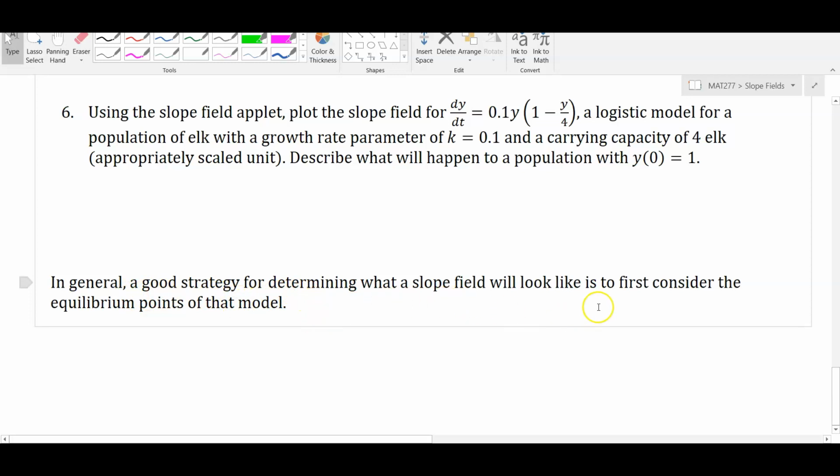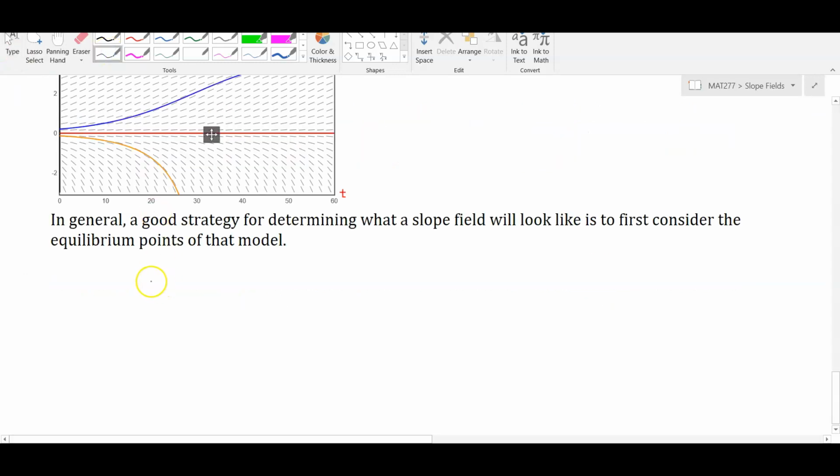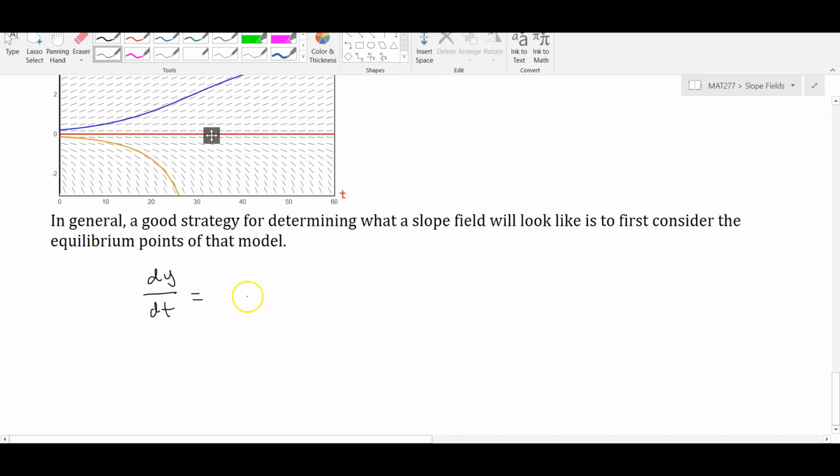One last key point here is that, in general, a good strategy for determining what a slope field will look like is to first consider the equilibrium points of that model. So, for instance, given a differential equation such as dy/dt equals, we'll just say something like 3 minus y.